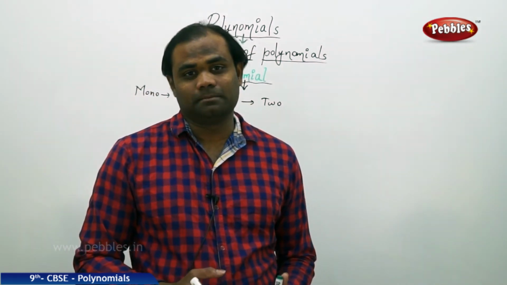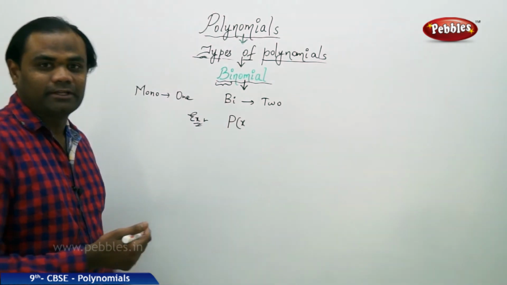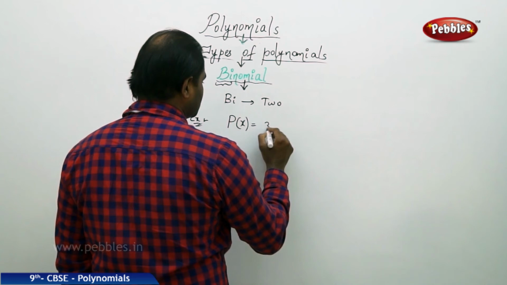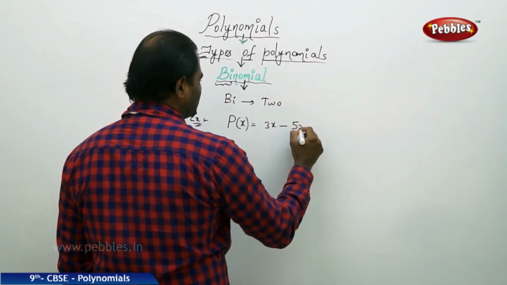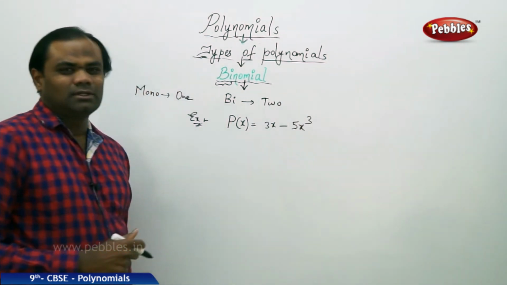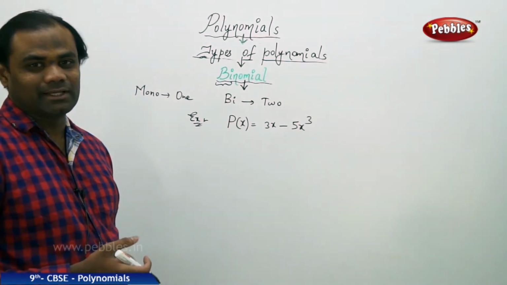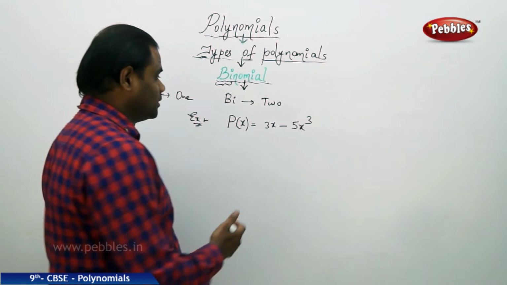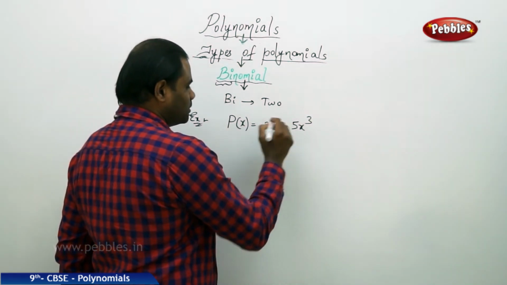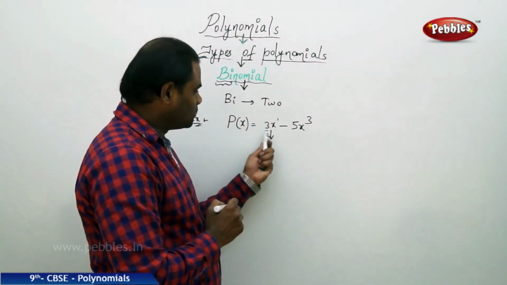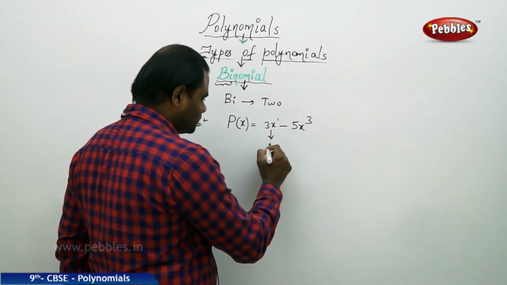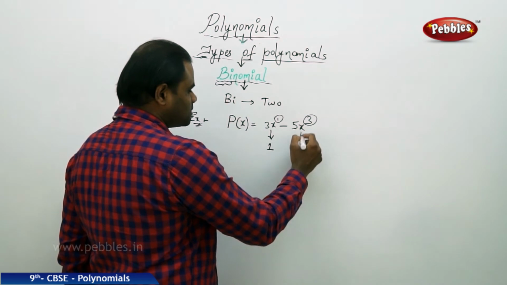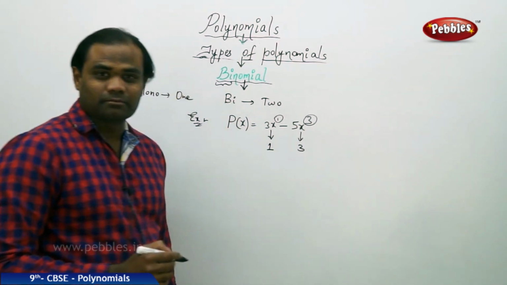For example, if I take the polynomial p of x equals 3x minus 5x cubed. Now this expression clearly has 2 terms, and let's see if this is a polynomial. To start with, in the first term the variable x has its power, which is 1, and the second term has its power, which is 3.